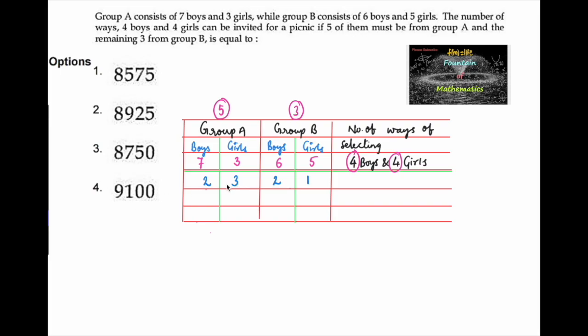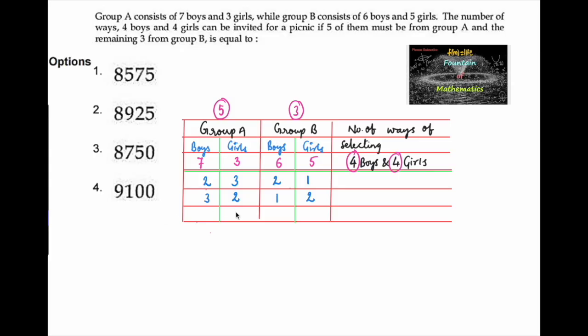This is one possibility. Another possibility: if 2 girls are selected here, then there should be 2 girls from group B, and 3 boys must be selected here to get the count of 5, and 1 boy should be selected from group B to get the count of 4 boys total.